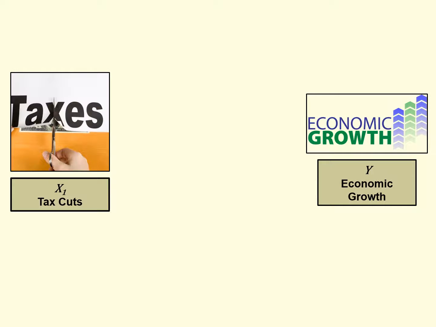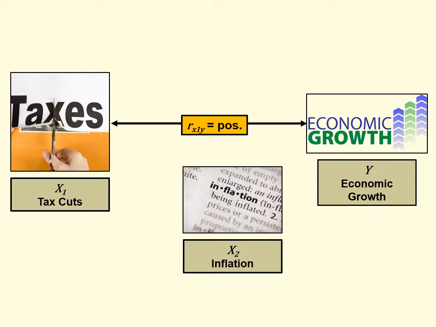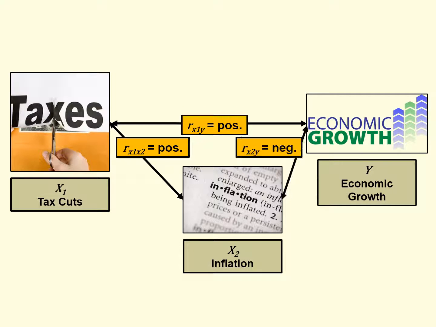Another example that Cohen-West-Aiken use is from economics, where cutting taxes is related to economic growth. That's sort of the mantra of many conservative politicians. Inflation is also related to cutting taxes. So if you cut taxes, people have more money, inflation increases, and maybe inflation is negatively related to economic growth.